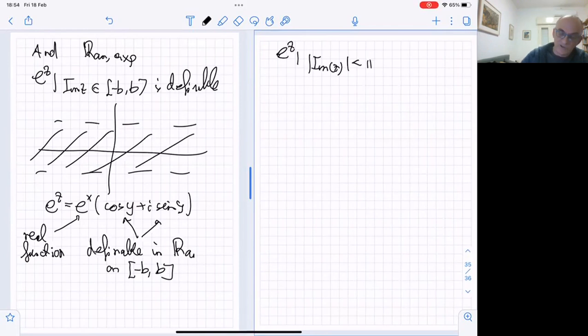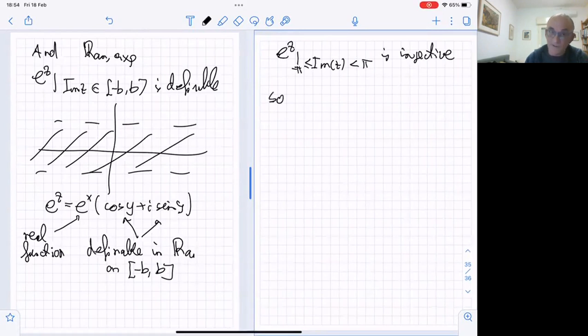Well, you know what? Let me do it injective. So let me write it like this. If we do it, imaginary part of z is less than pi, greater or equal to minus pi, it is injective.